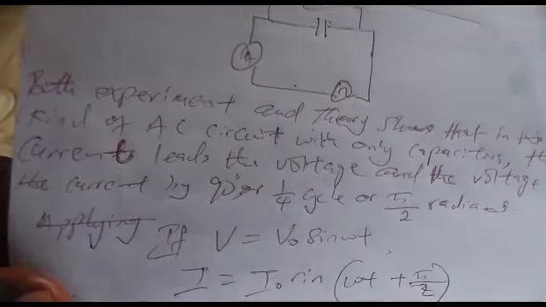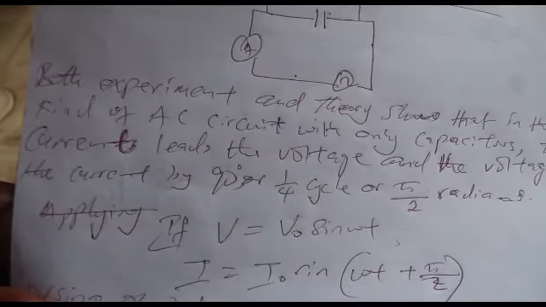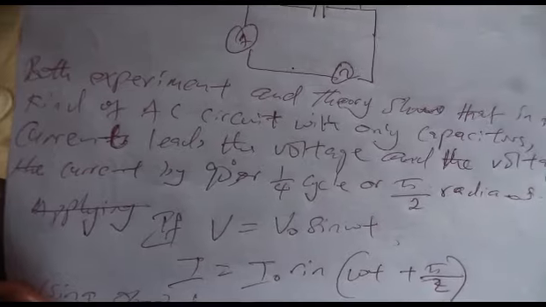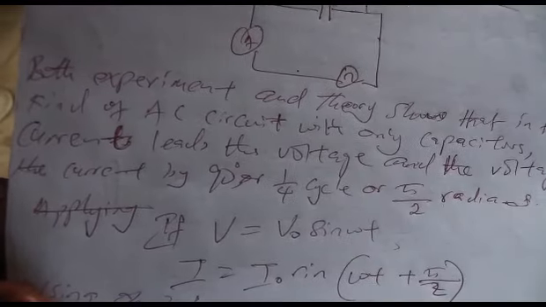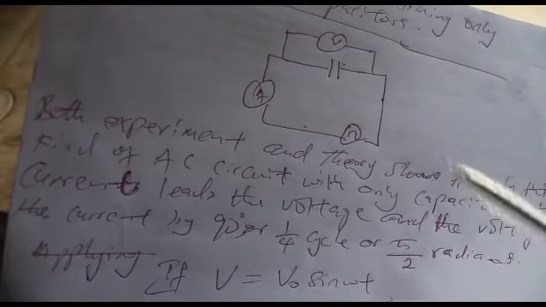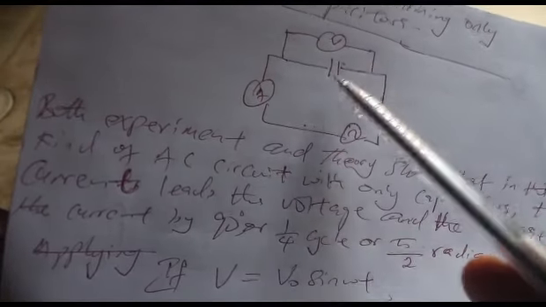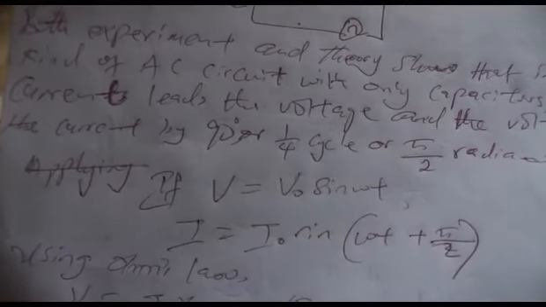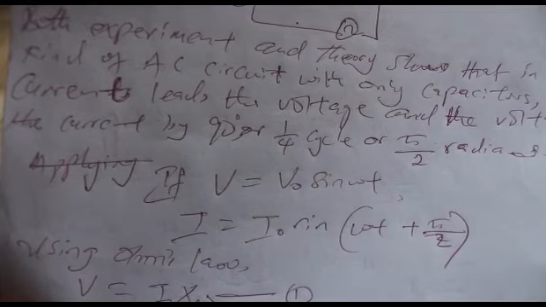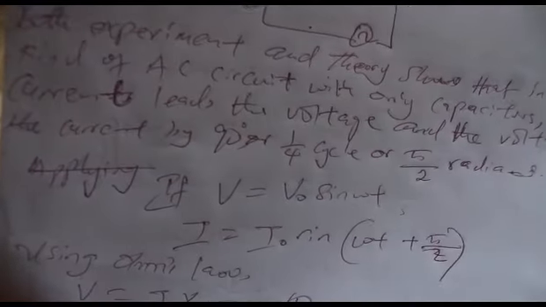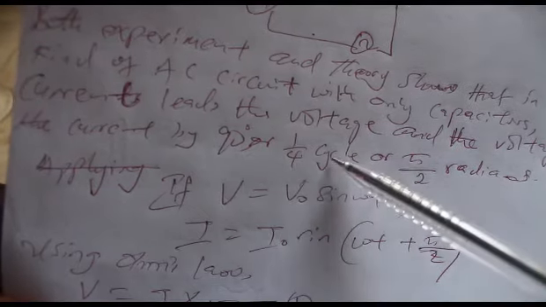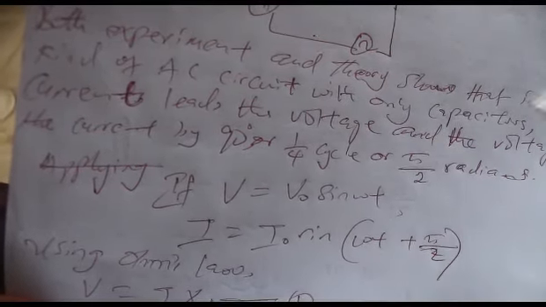But I think it's a very good question to ask: how can we know, at least through theory, that current leads the voltage in a simple AC circuit containing a capacitor? And the phase angle between the current and the voltage here is 90 degrees, 1 over 4 cycle, that's a quarter of a cycle, or pi over 2 radians.